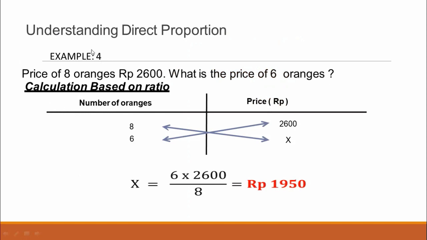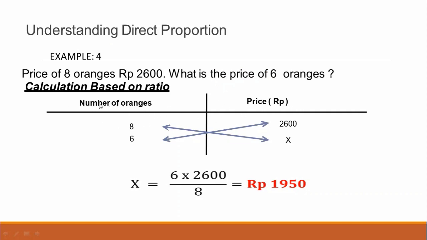For example, to understand the direct proportion, we should study this example. Price of 8 oranges is 2600 rupees. What is the price of 6 oranges? So use this matrix position.